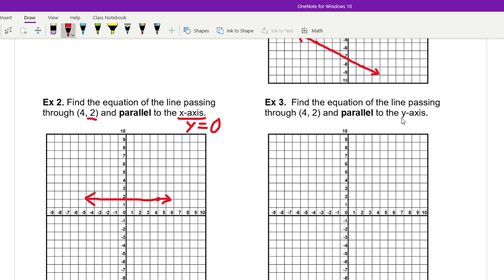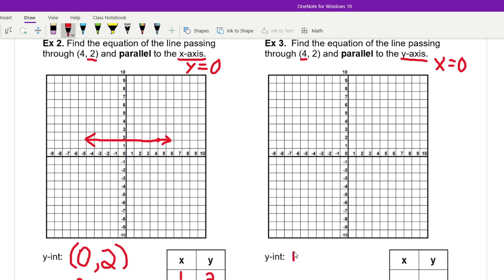We have a similar situation whenever a line is parallel to the y-axis. That means our equation would be x equals 0 for this situation. So then we would focus on setting it up to equal our x value, the 4. In this case, the y-intercept is not going to be available. It does not exist.